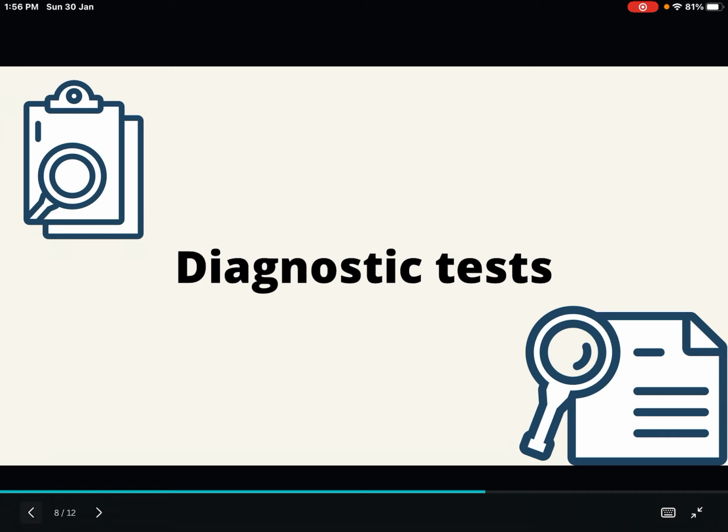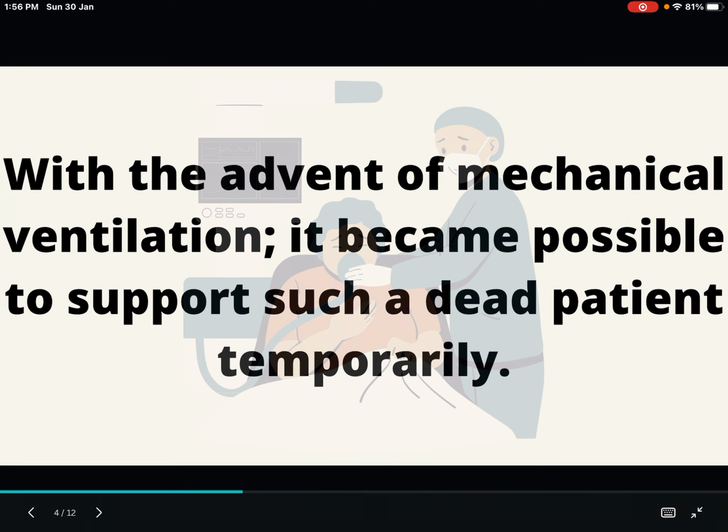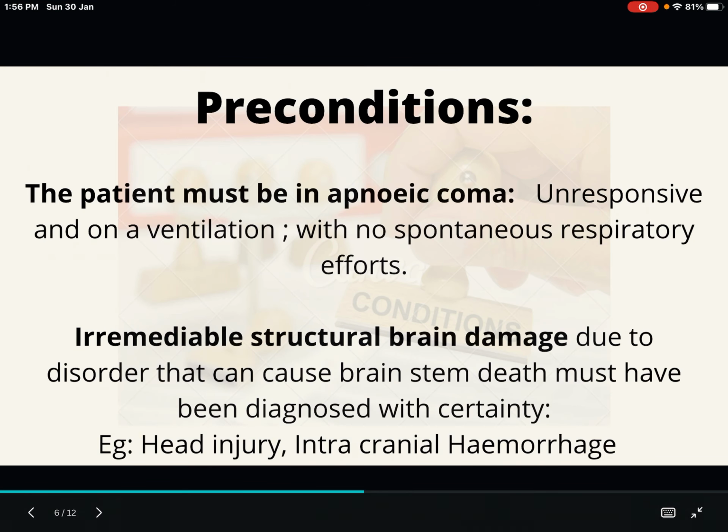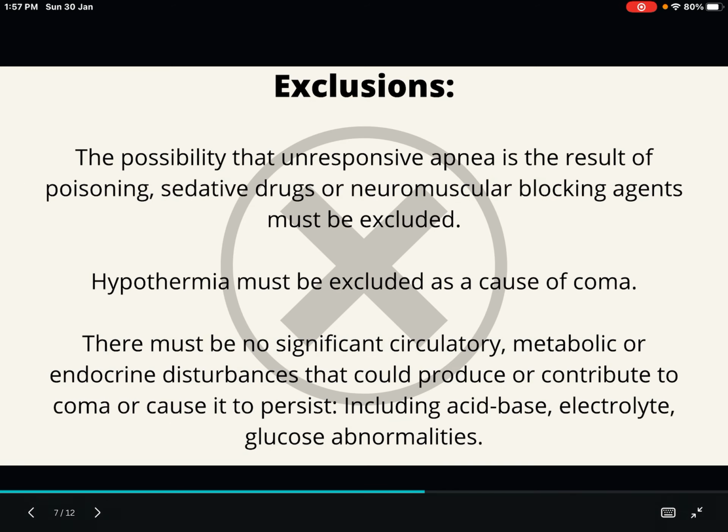So once again I will repeat, this is a short topic and it will be asked as a 2-marker only. How to diagnose a patient as brain dead? There should be some preconditions. The patient must be in apneic coma, that is, unresponsive and on ventilation with no spontaneous respiratory efforts, and there should be structural brain damage diagnosed with certainty, for example any head injury or any intracranial hemorrhage.